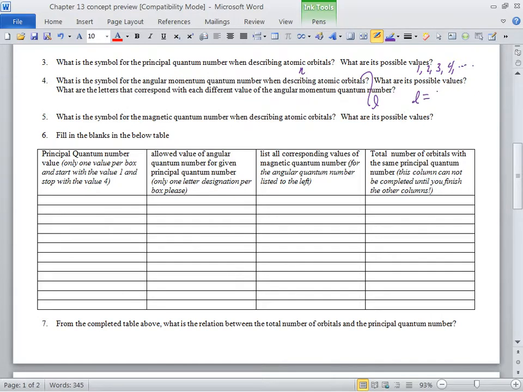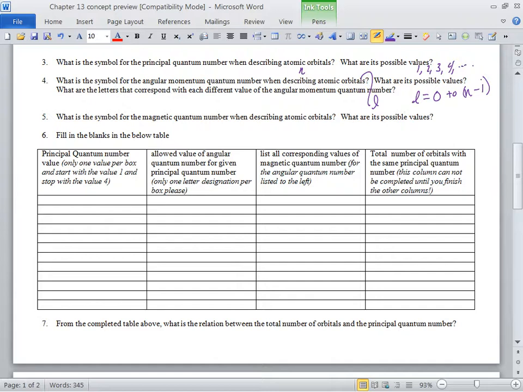Goes all the way from something. Plus or minus 1. Negative l to l. No, that was m sub l. Yeah, not there yet. It goes from 0 all the way up to something minus 1. n minus 1. There you go. Okay. What would it be? 0 to n minus 1. 2.